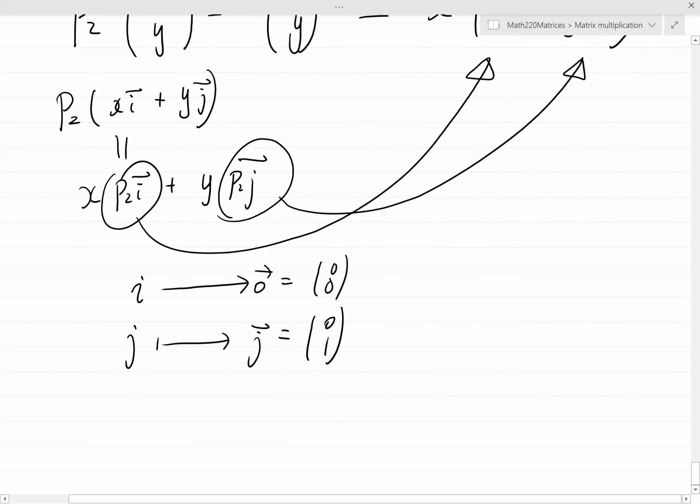The image of i gives you the first column and the image of j gives you the second column. So P2 should be: first column (0, 0), second column (0, 1).